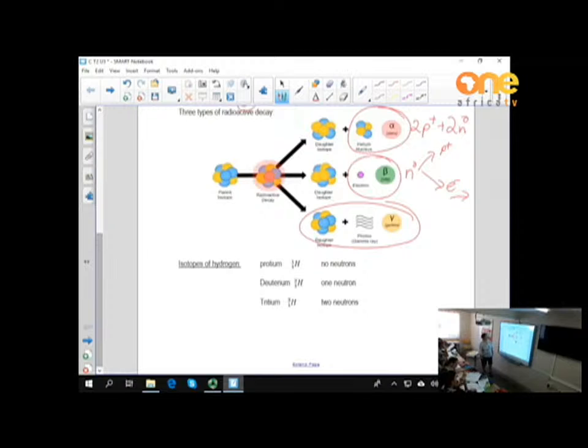If we go and have a look at different isotopes, hydrogen, a well-known element, element number 1 on the periodic table. It has an atomic number of 1, and if you look at the mass of hydrogen on the periodic table up on the board, it's 1.0079. So we round it off to 1. So this tells us what about hydrogen?